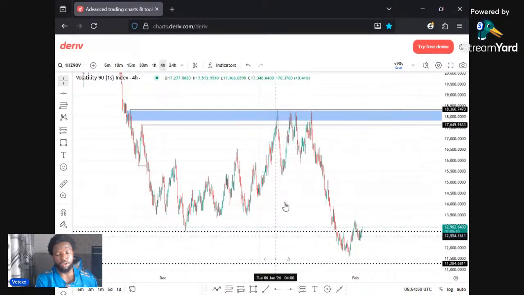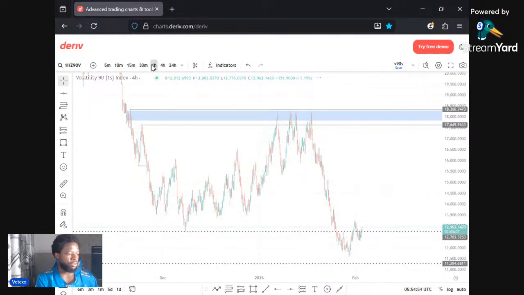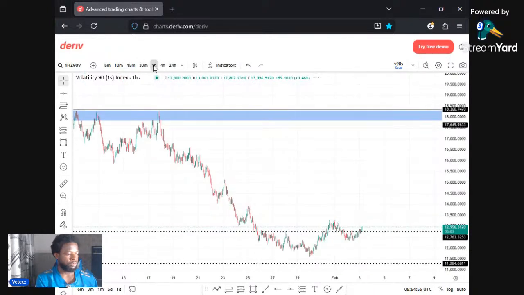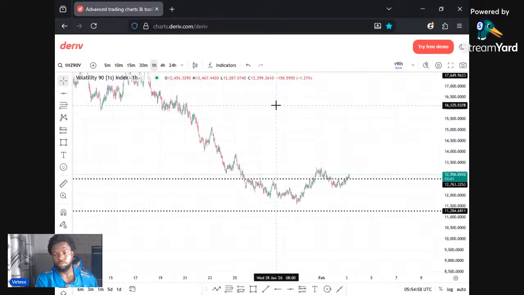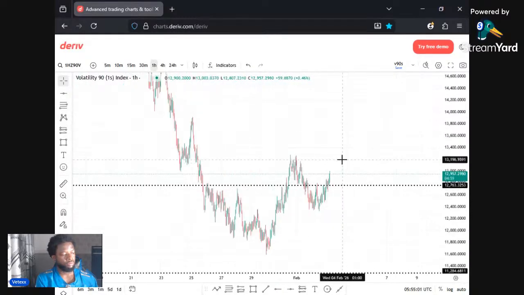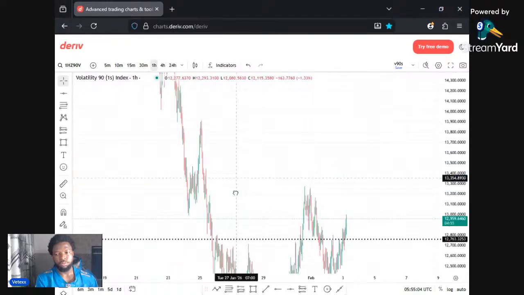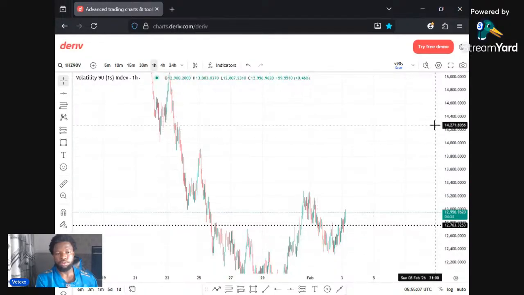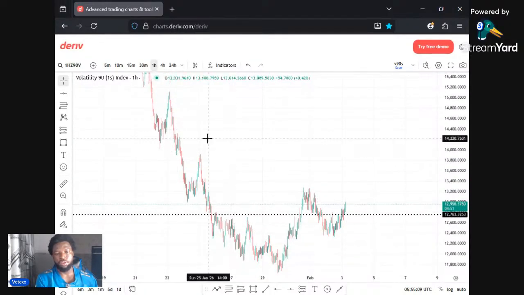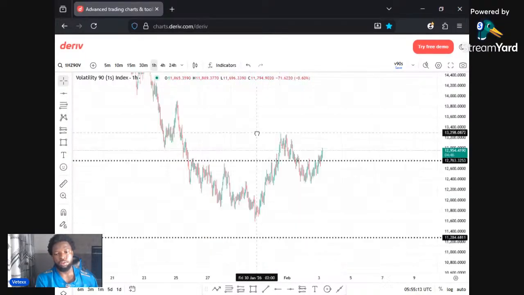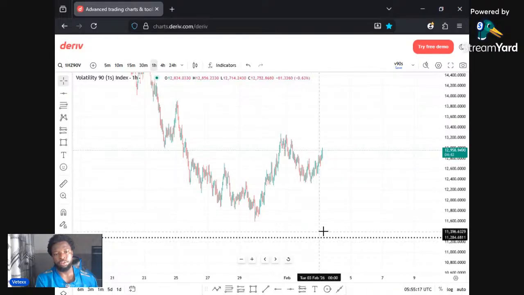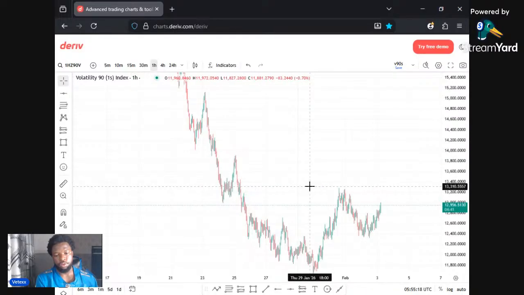So it's smashing the target. Let's check the 1 hour, if we're going to find something good. There's nothing on the 1 hour, but in all of this, price is definitely going to come back and take out this target. You know it's going to come back. This is just retracement.